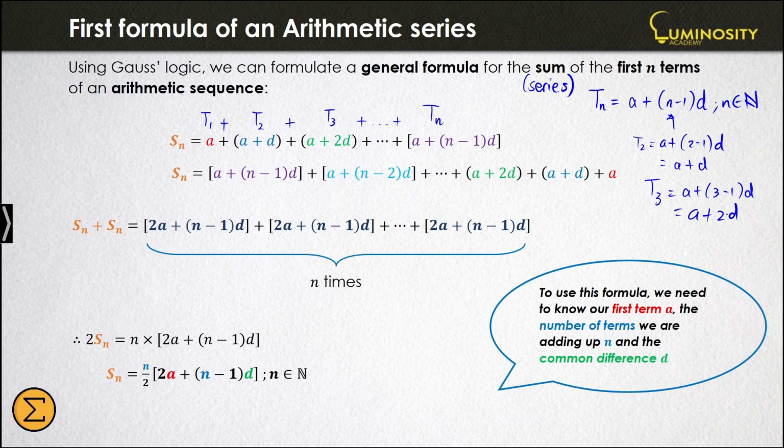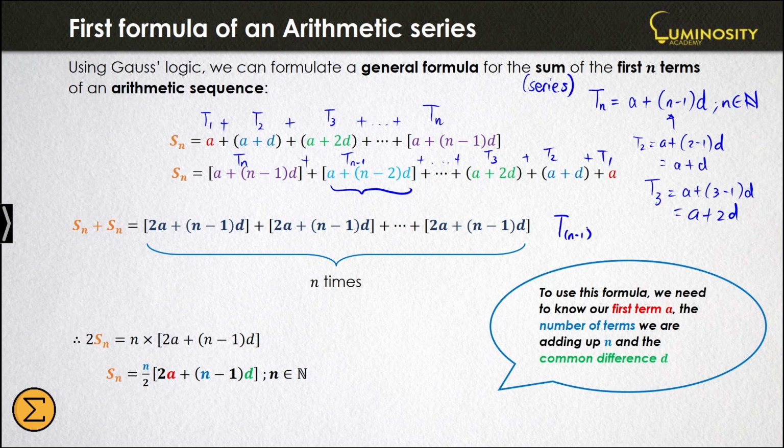That is it. So I start off with Tn plus Tn minus 1 plus all the way up to T3 plus T2 plus T1. Just to show you where you get that a plus n minus 2 d, well, I'm looking at the term just before n, so that's going to be n minus 1.